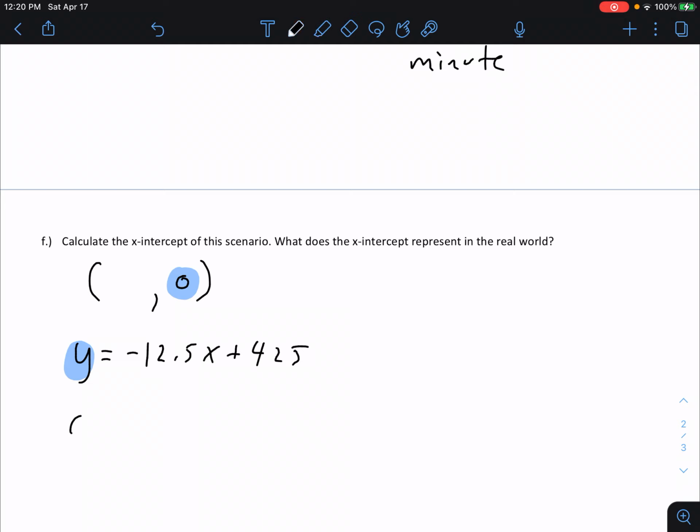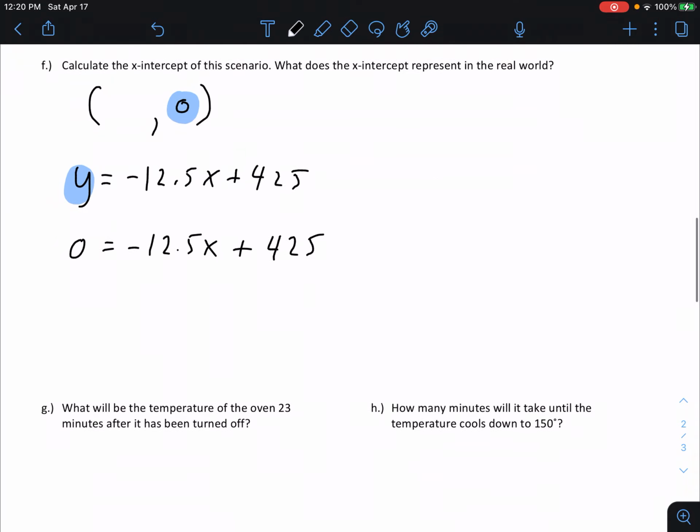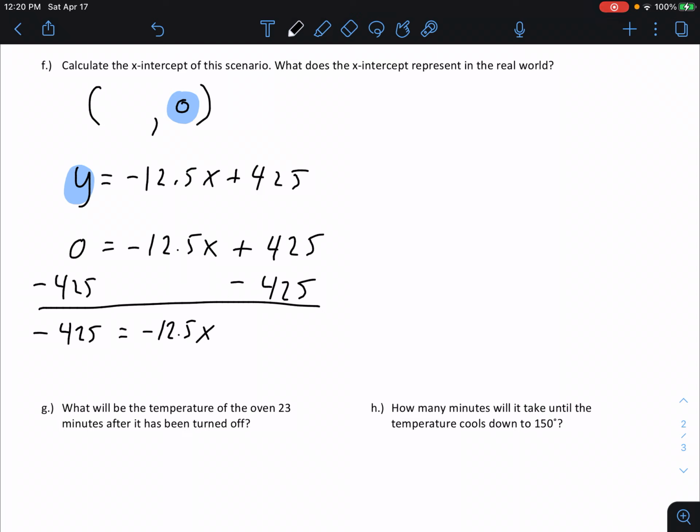So I have 0 equals negative 12.5x plus 425. Okay, so now all I have to do is solve for x. So to solve for x, I'm going to start by subtracting 425. So I have negative 425 equals negative 12.5x. And then I'm going to divide by negative 12.5.